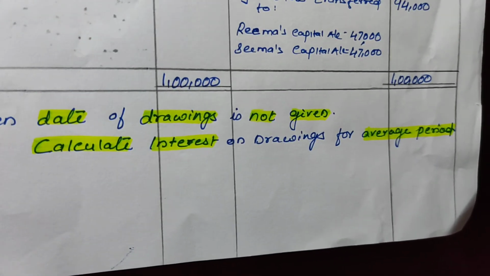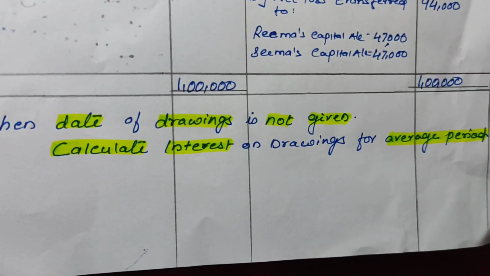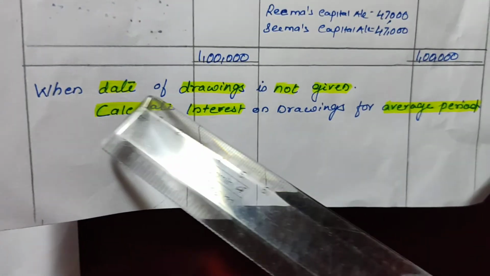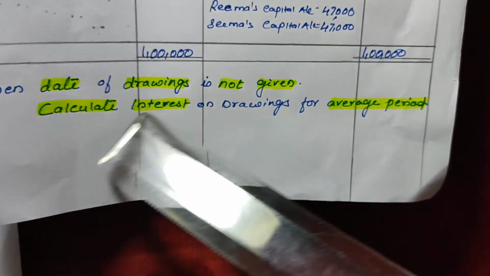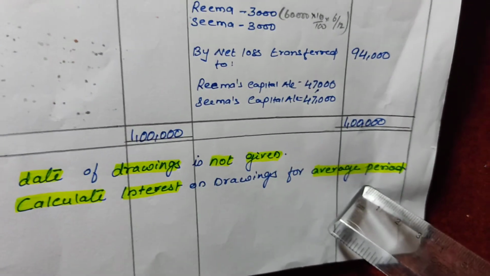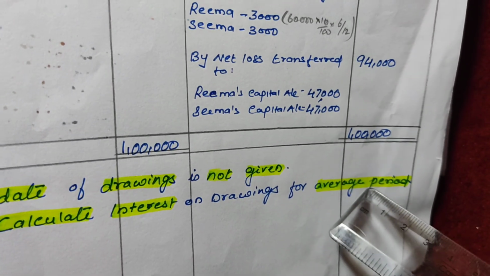The most important point which we have to remember while calculating the interest on drawings while preparing the profit and loss appropriation account is that when date of drawings is not given, we'll calculate the interest on drawings for average period. This we have to follow in every condition.